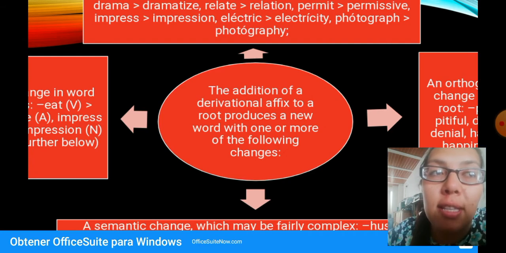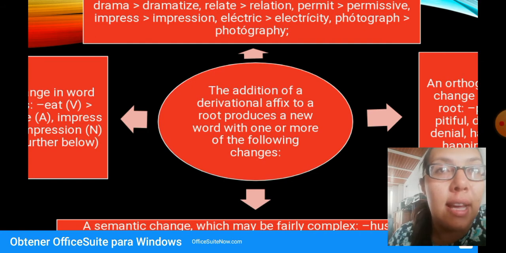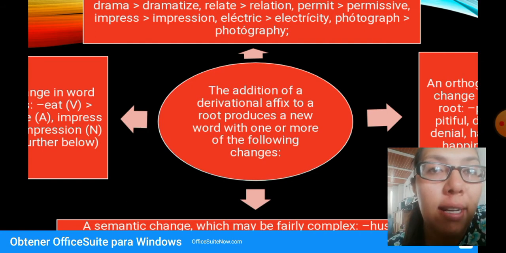Then the semantic change can be according to the context in which the person is talking.